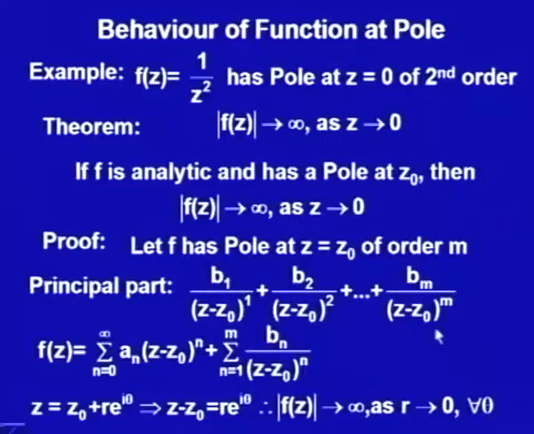If you do remember, we have this kind of circle, so r is approaching 0 in this direction or this direction. In any manner z is approaching z naught, this principal part would approach infinity, hence f z will approach infinity.